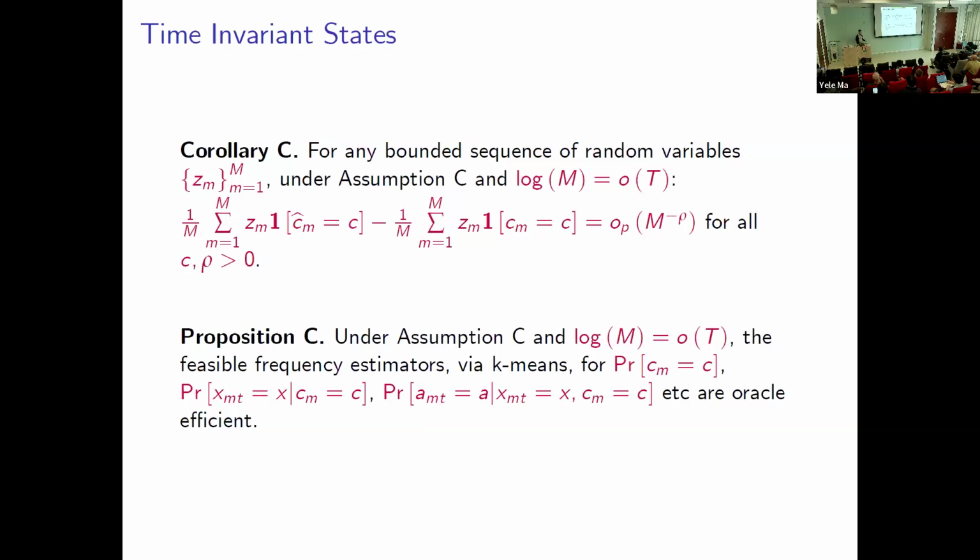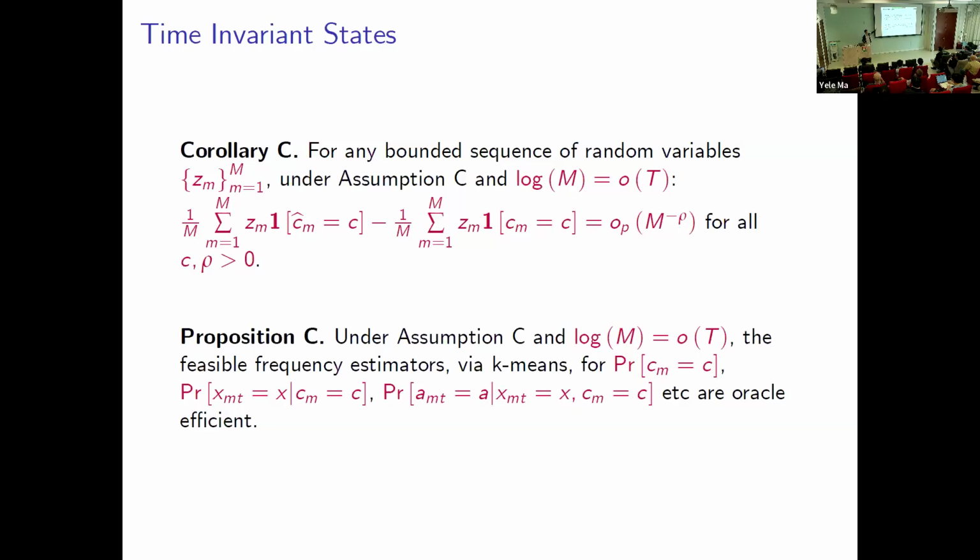And once we have that, we can transfer this to think about what we need to do for two-step estimation. That means we then need to estimate the CCP, right? Then we want to estimate the joint probabilities, conditional probabilities, and so on.